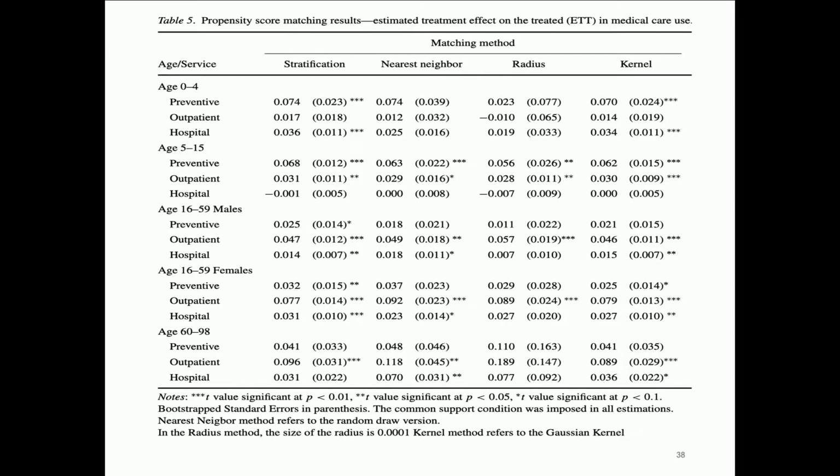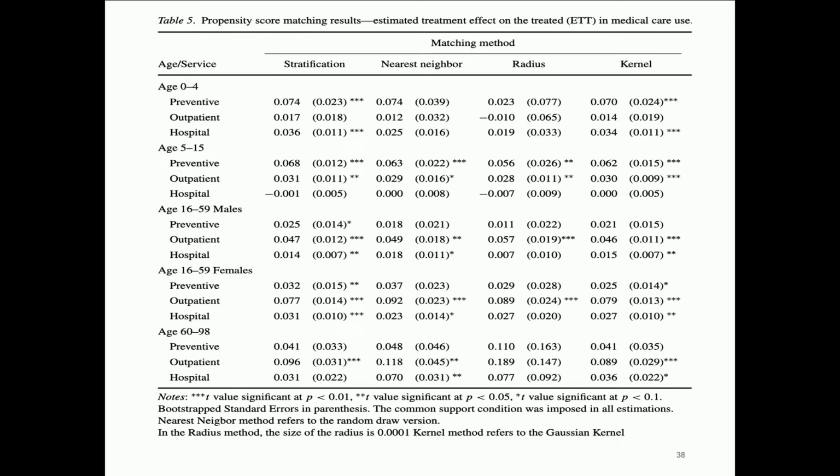You can also notice that for medical care use for going to the hospital, for the age group between 5 and 15, it has a negative impact if you use stratification and registration, but again, it's not significant. It's not significant whatever methodology you are using. And the other thing that you can notice is that the impact of the program differs with age.